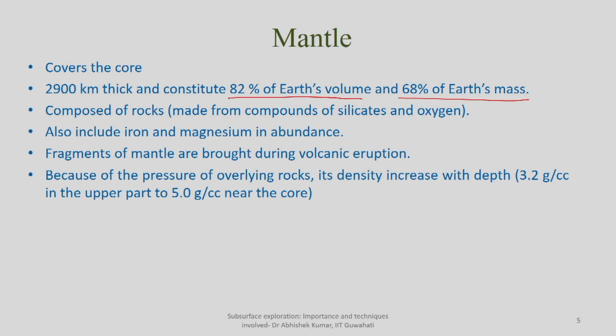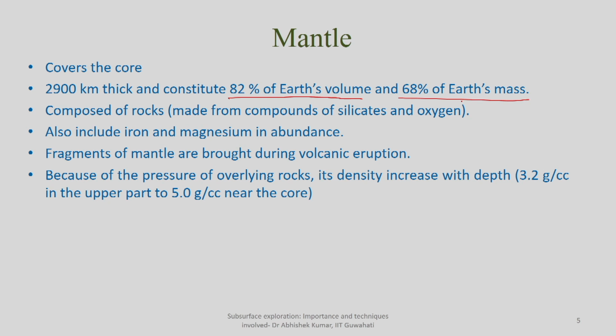So, this gives you a clear indication that the percentage share of the earth mass by the crust is significantly lesser. The earth volume at the crust level will be significantly larger, but the earth mass will be significantly dominated by deeper layers.